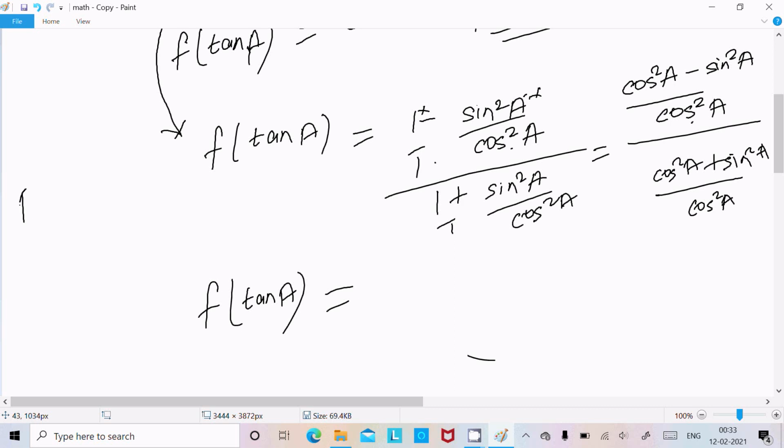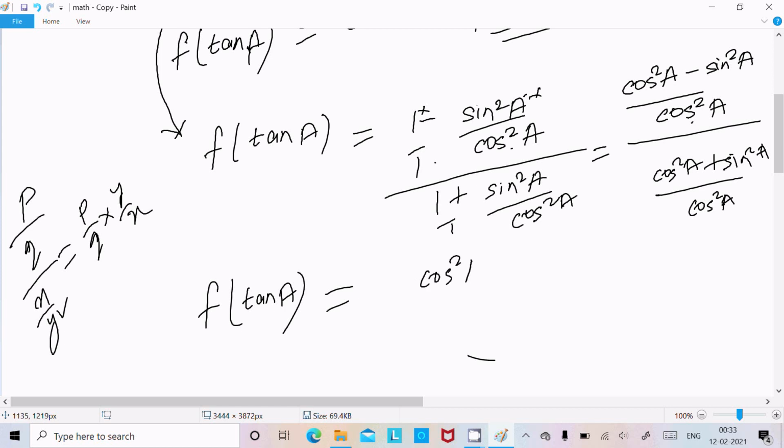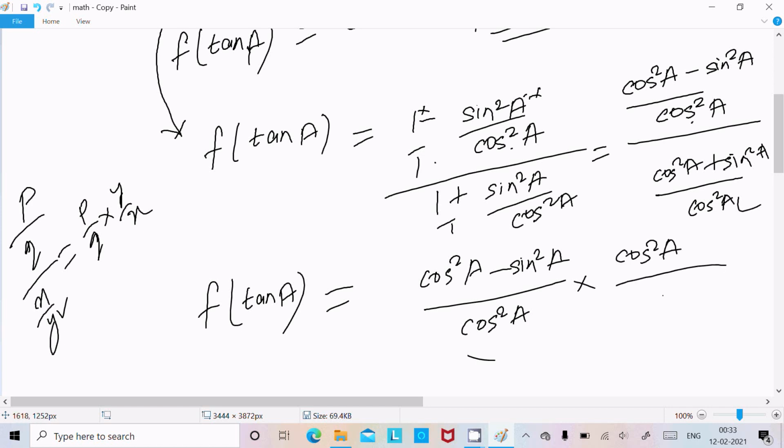There is one more thing. If you see a form like this, (p/q)/(x/y), we can write first p, q, with y going up and x in the same position. So here the same thing. First we write (cos²A - sin²A)/cos²A. This cos²A moves up, and below we write first sin²A plus cos²A.